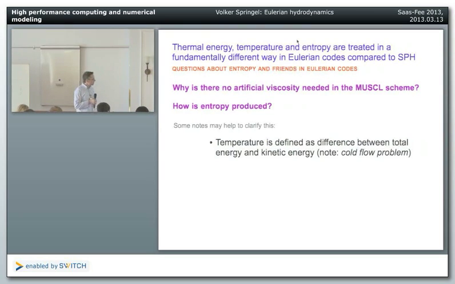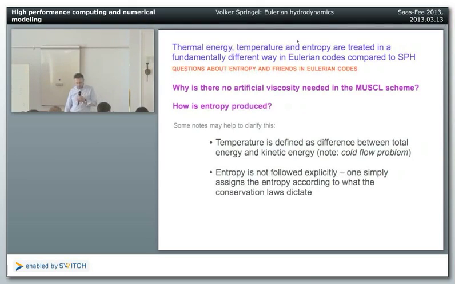This also means that this scheme will have accuracy problems if this difference is between two very large numbers. Or in other words, if the flow is kinetically dominated, very cold, then the temperature will not be very accurately determined anymore, because it's kind of unimportant what the temperature is, in a sense, because the pressure force will be small compared to the ram pressure. And indeed, this is often described as the cold flow problem: if kinetic energy is much larger than the thermal energy and so dominates the total energy, then this subtraction of these numbers in the discretized regime will often not be very accurate.